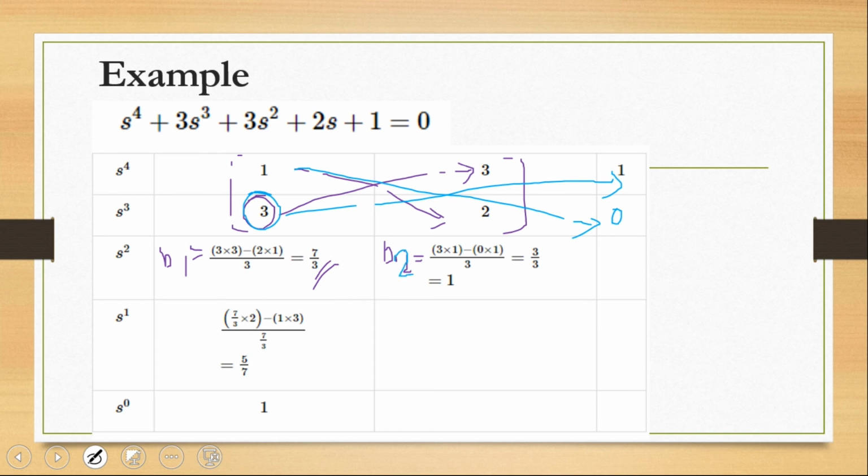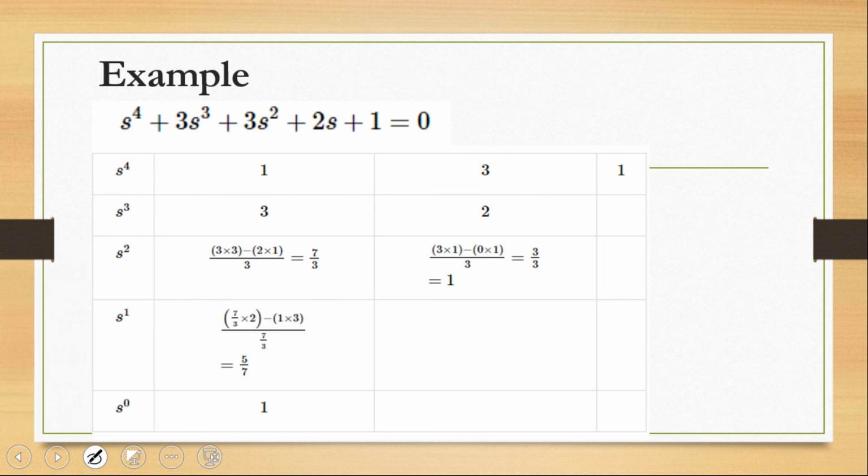Next, we have to find the fourth row, which is C1. C1 is given by 7 by 3 into 2 minus 3 into 1 divided by 7 by 3, which is equal to 5 by 7. And this particular element is 0.